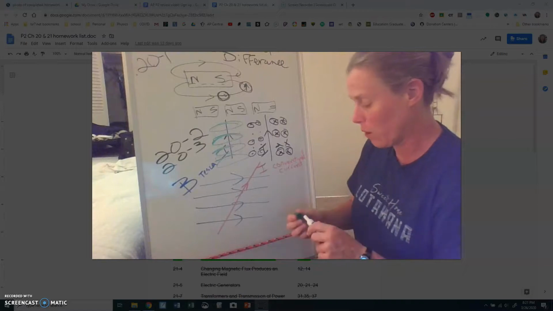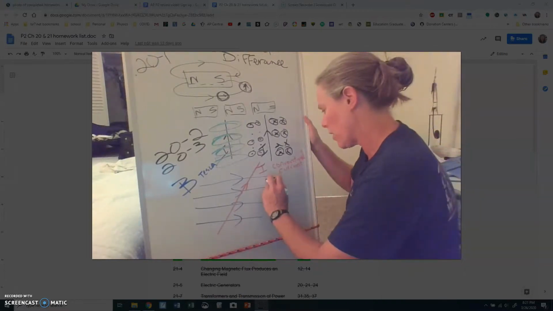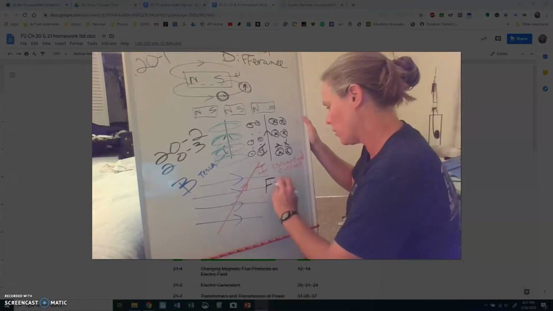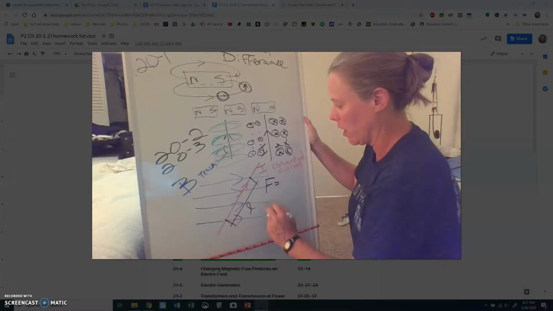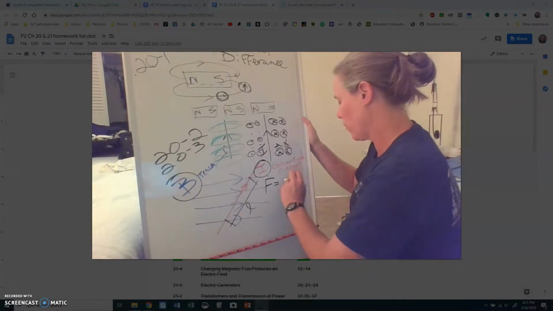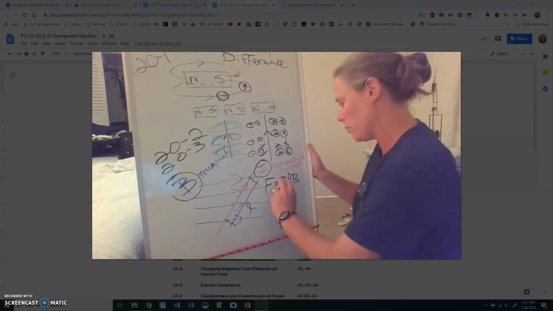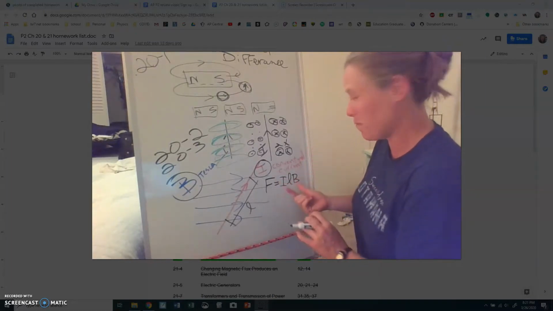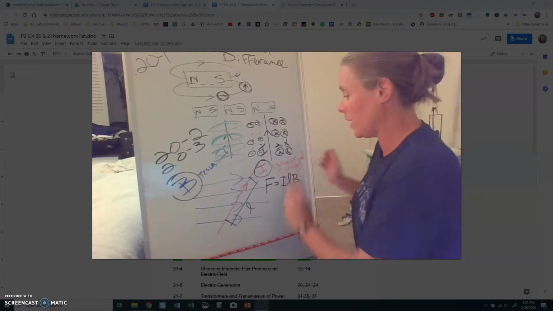So we talked about the force that would occur on this. Let's see if we can remember that equation. The force is definitely going to be impacted by how much length is in the field, how much current, and the strength of the field. So current, length, and field strength would be the proportionality. And what did they call this?